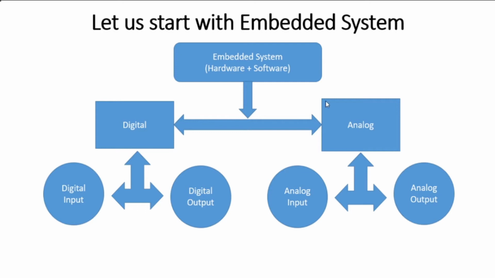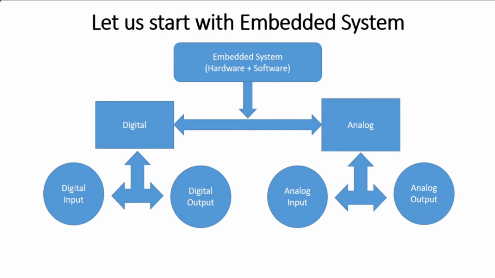Very first we are going to deal with digital outputs. After completion of digital output controlling, we are going into digital inputs. Once the digital section is fully completed, then we move forward into the analog part. Then in the analog part we learn how to accept analog inputs and how to generate analog outputs.